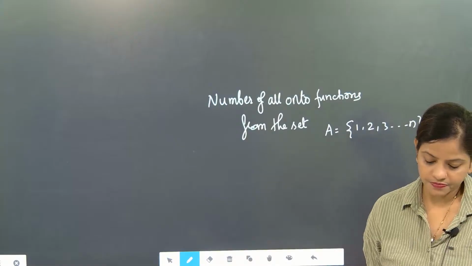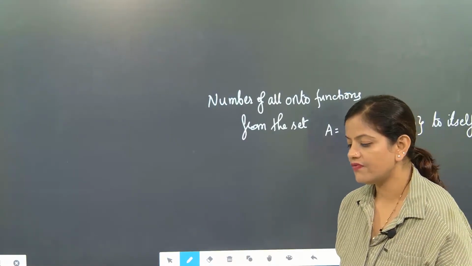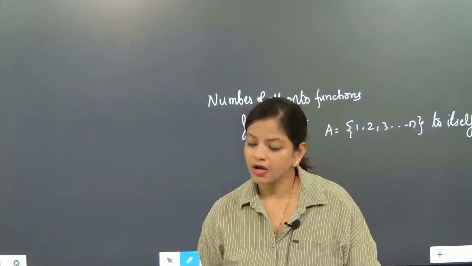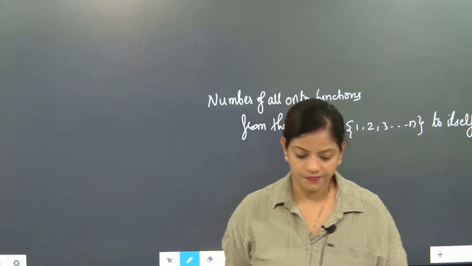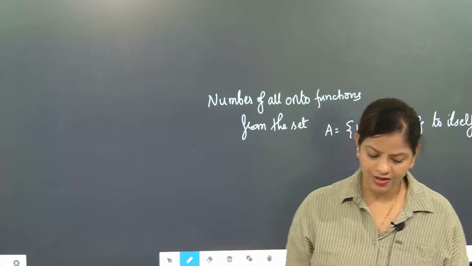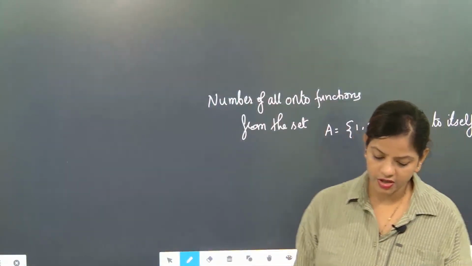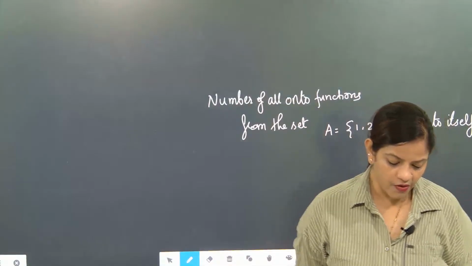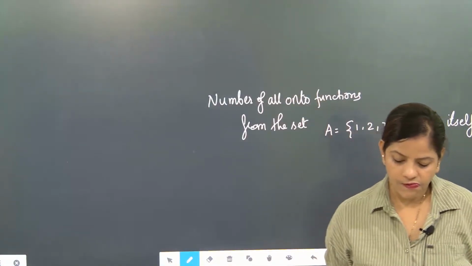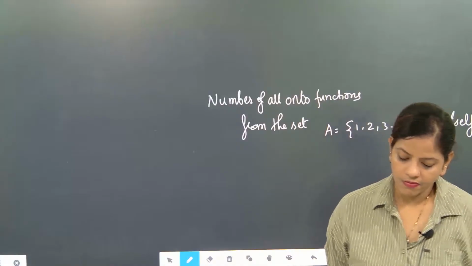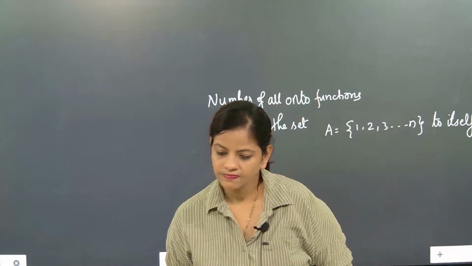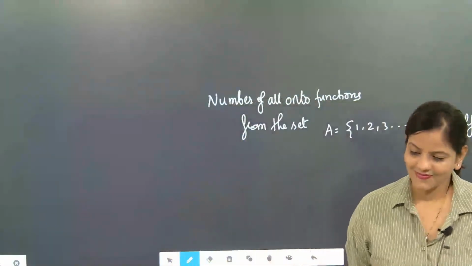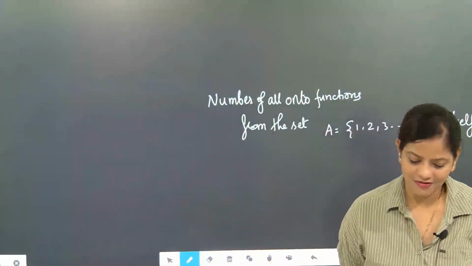When n number of elements, n number of onto functions, are you clear about it? The total number of functions coming is n here. Okay, the total number of functions coming is n here only. No, that's not the correct answer.